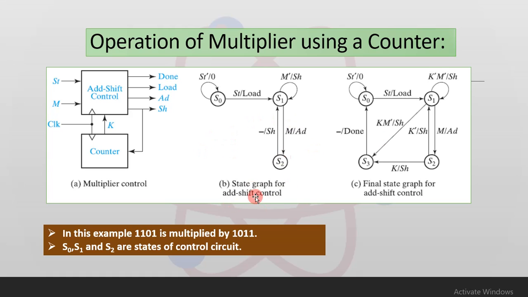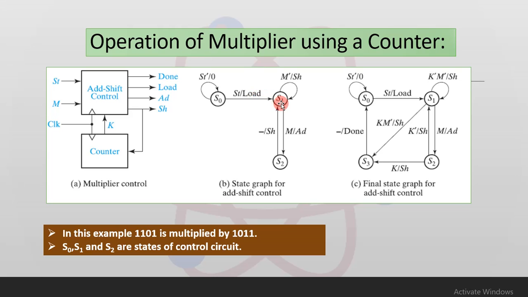So to begin with figure B, initially starting with the state S0, when the start signal is not provided, that is St is equal to 0, you are going to remain in the state S0 itself. When a start signal is received, that is St is equal to 1, a load signal is generated. So you are going to load the contents into the accumulator.